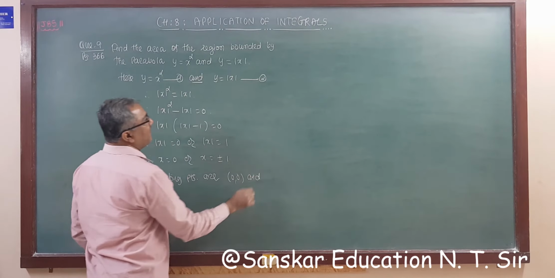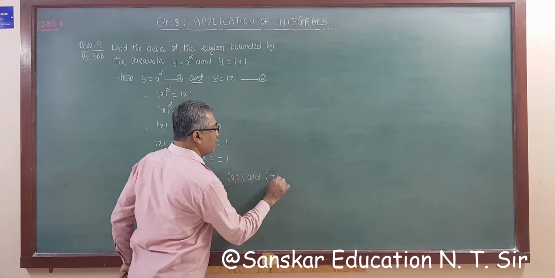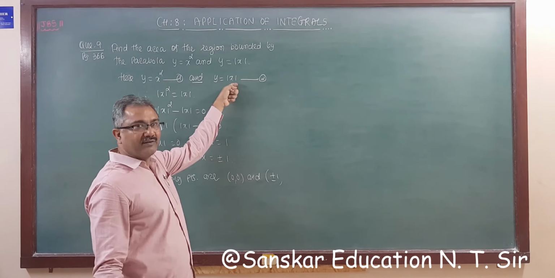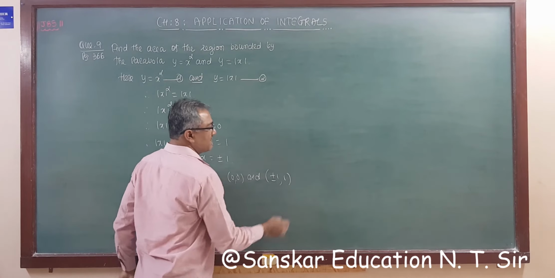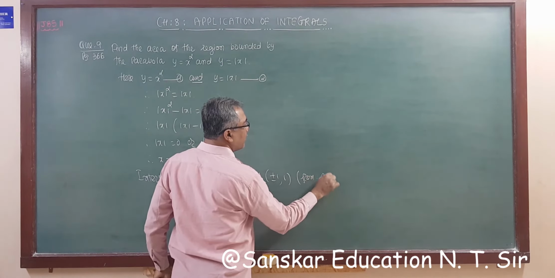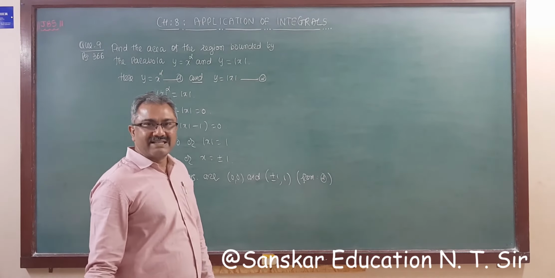And if we take x equal to plus or minus 1, then from 2 we get y is always plus 1. This is all from 2. Right? So now we draw the graph of this function.